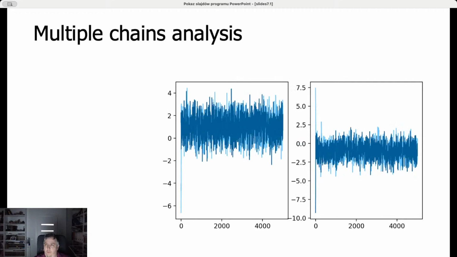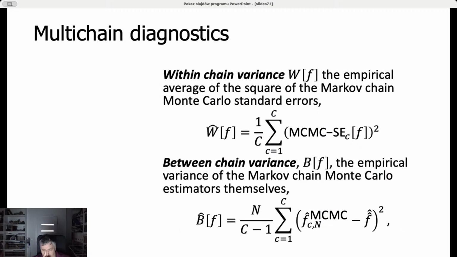There are two important values: within-chain variance and between-chain variance.